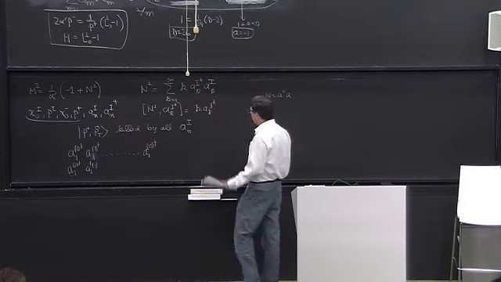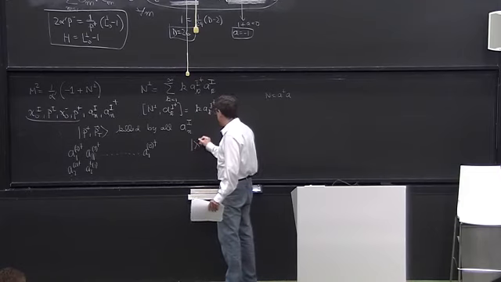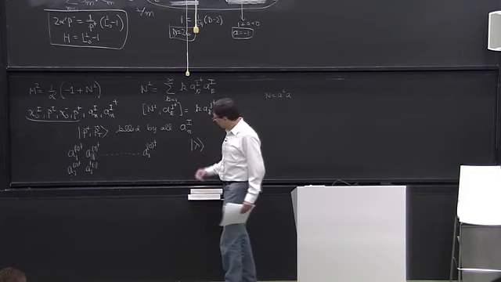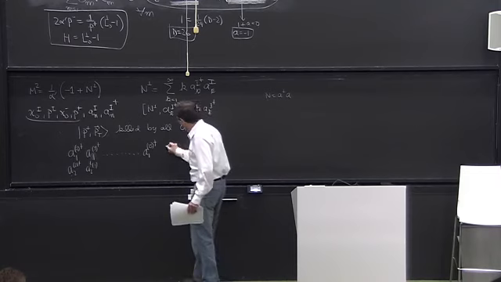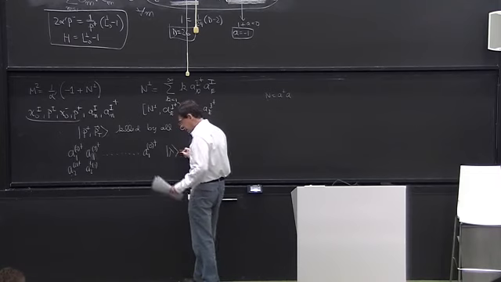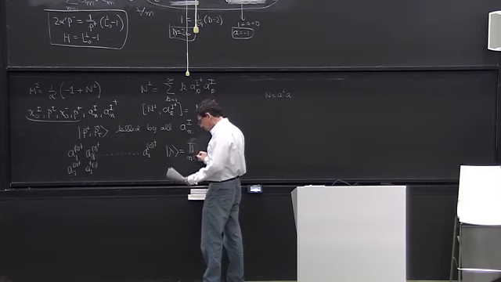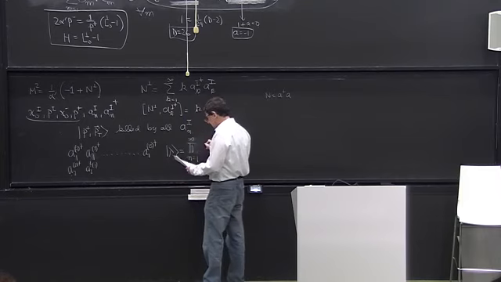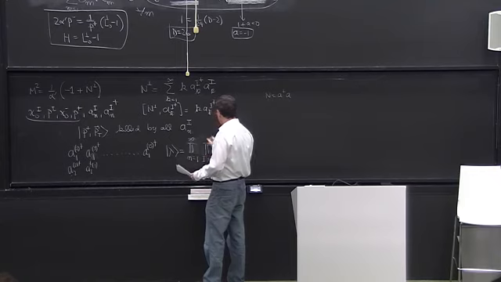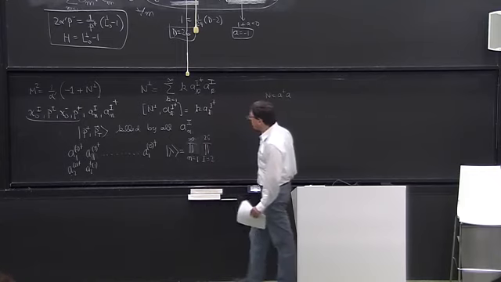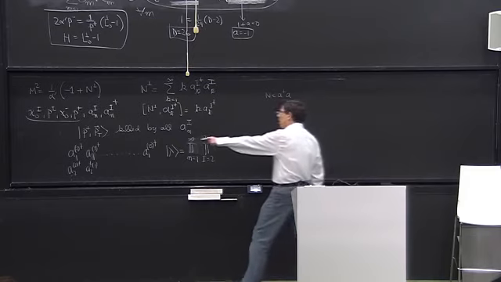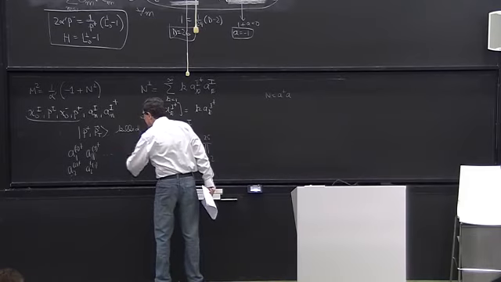So the typical state is written in this somewhat brief notation. We write it like this: product from n equals 1 to infinity, product from i equals 2 to 25. So it's basically a product over all the entries in here.